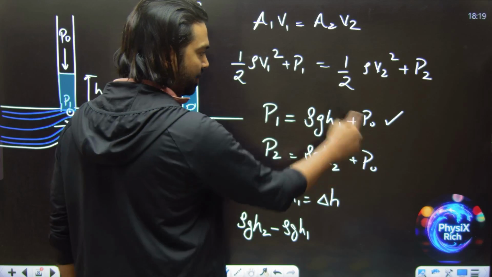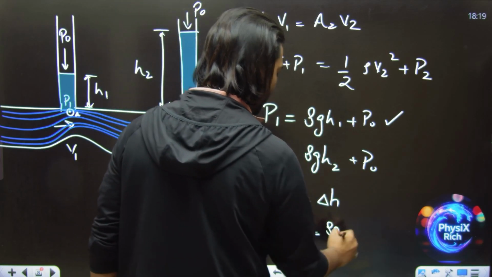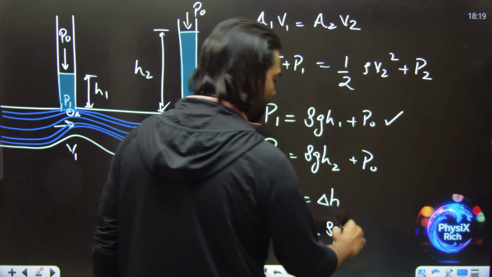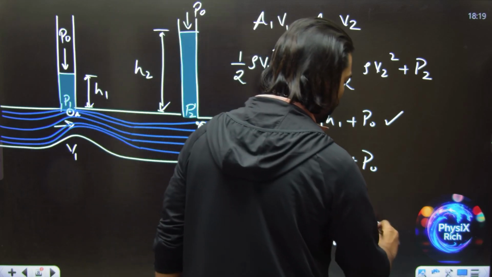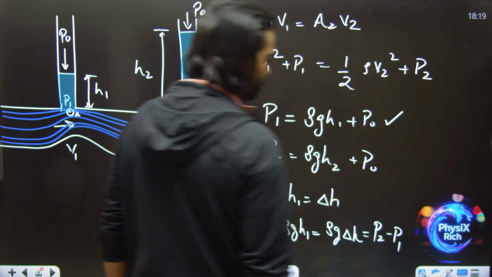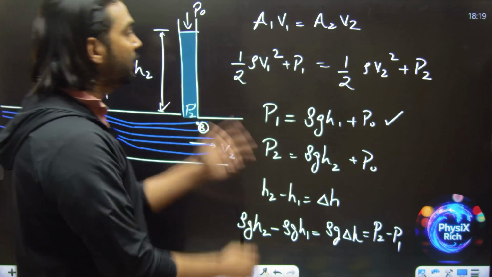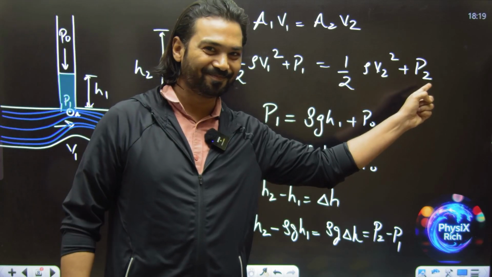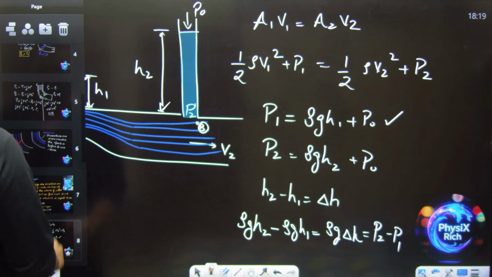That becomes rho G bracket H2 minus H1, which I'm just going to write as delta H. And that, my dear students, is P2 minus P1, which I can conveniently get from here. Okay, let's go to the next slide.